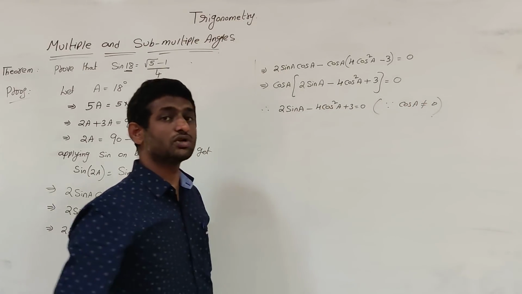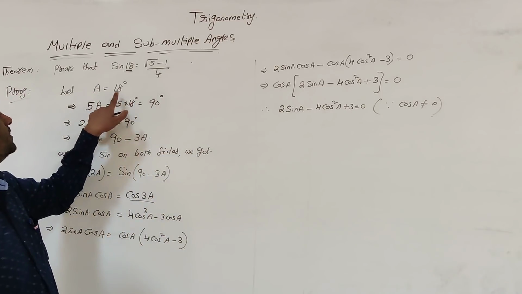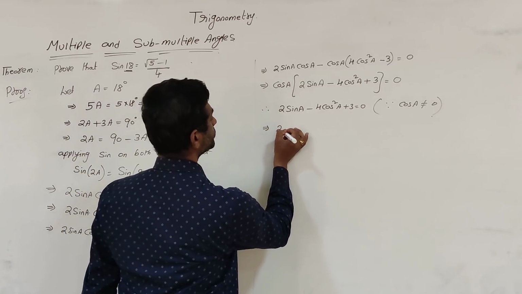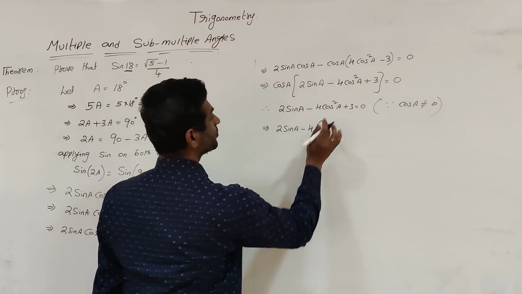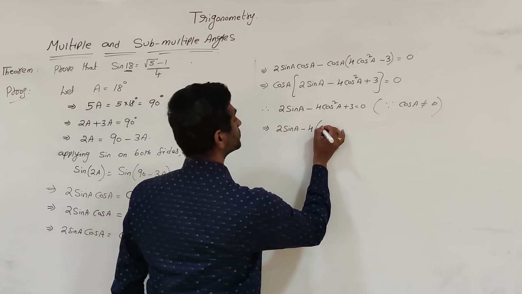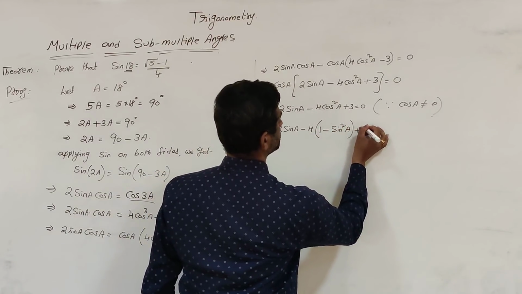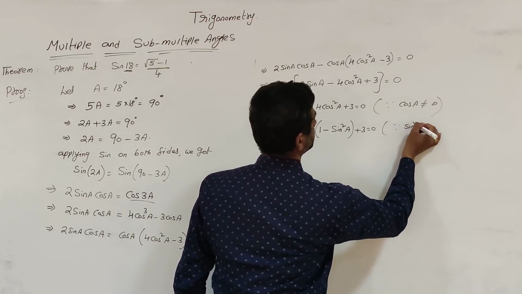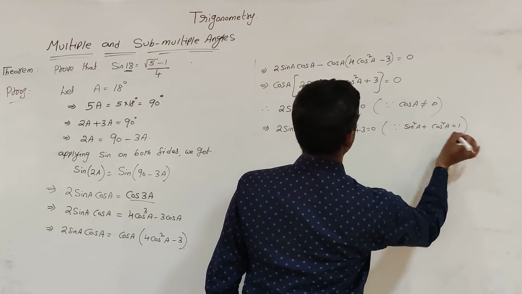Why? Because he is not asking what is the value of a. What is a? A is 18 degrees. Now 4 times cos square a can be written in terms of sin square a as 1 minus sin square a, from the identity sin square a plus cos square a is equal to 1.